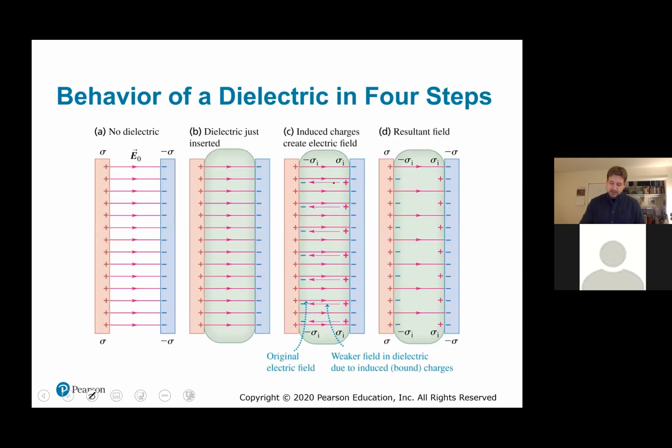So that induced polarization field acts against the electric field that's set up between the charged plates, which explains why the electric field magnitude decreases, even though the charge density on the plates themselves hasn't changed. The induced charge can get in the way.